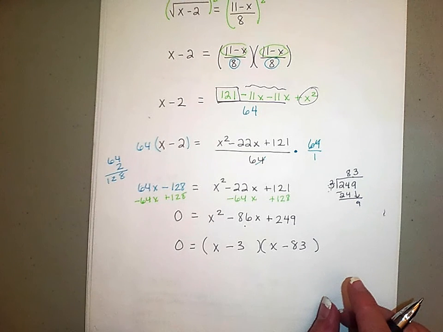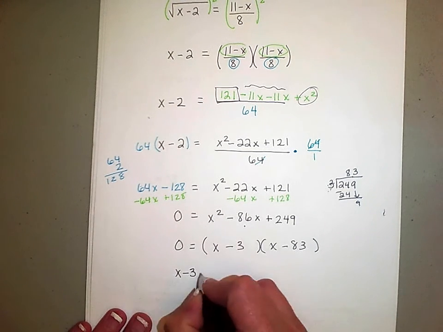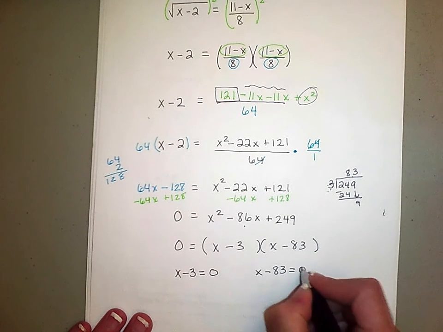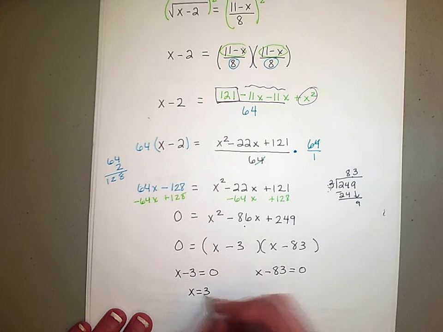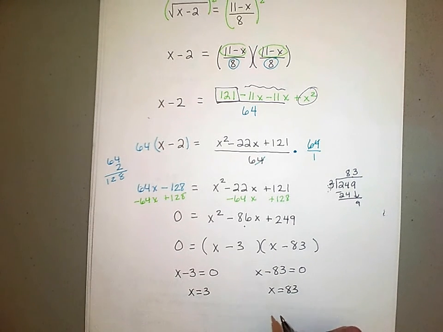And then using the zero product property, it's either that x minus 3 equals 0 or x minus 83 equals 0. So x equals 3 or x equals 83. So these are our two possibilities.